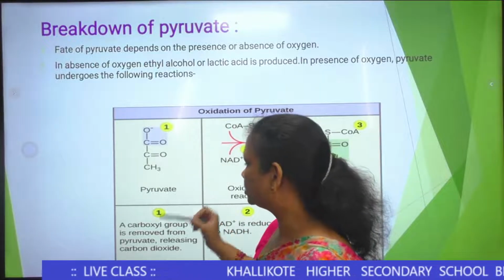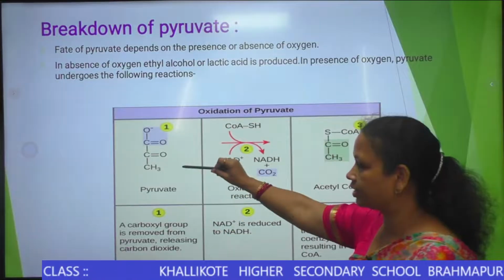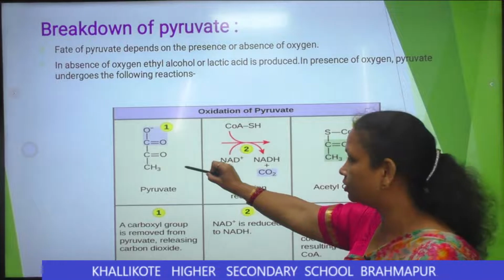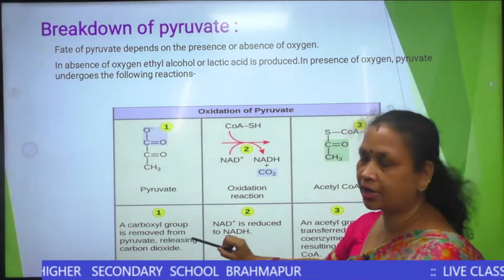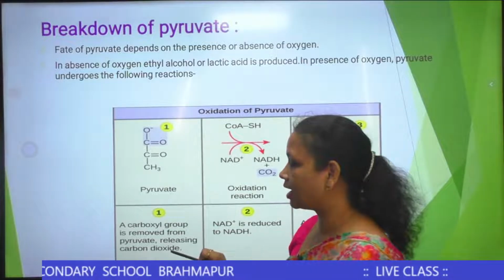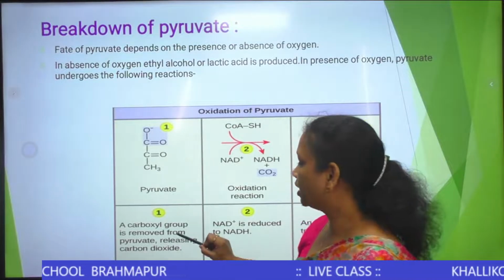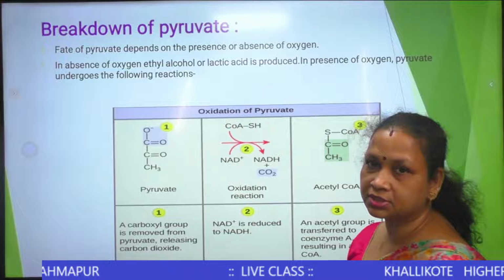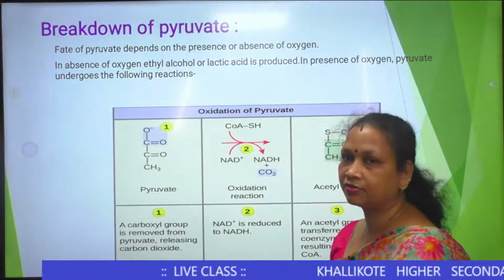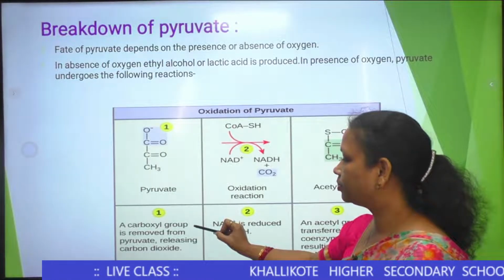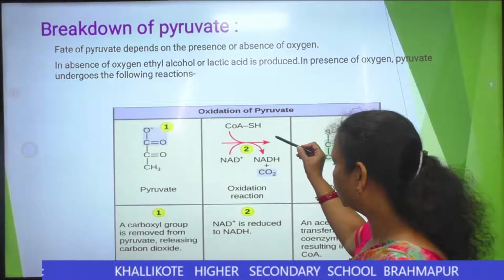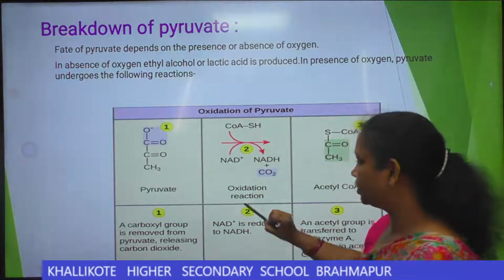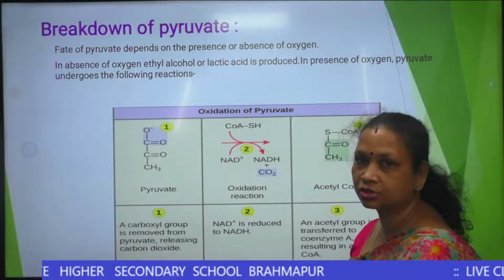If there is aerobic respiration, you can see this is the pyruvate molecule and a carboxyl group is removed from pyruvate, releasing carbon dioxide. One molecule of carbon dioxide is released in the first step where decarboxylation takes place. The second step is an oxidation reaction.